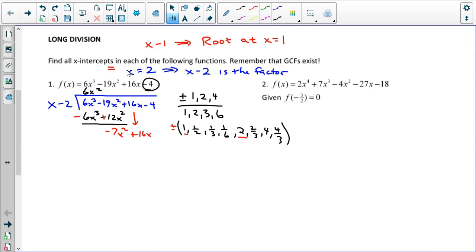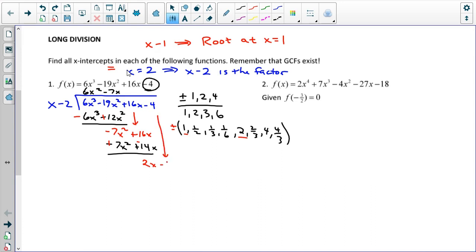The number that multiplies by x to give me negative 7x squared is going to be minus 7x. So minus 7x times x gives me negative 7x squared. Negative 7x times negative 2 gives me positive 14x. I then will change the signs, and then 16x minus 14x gives me 2x.